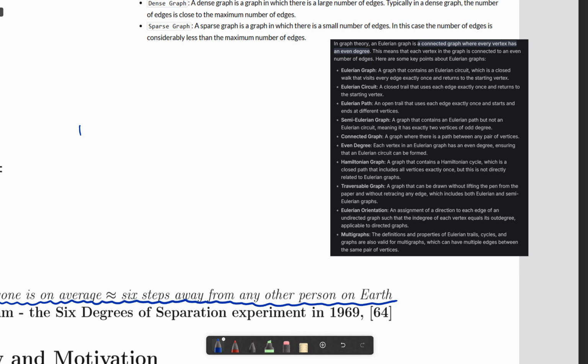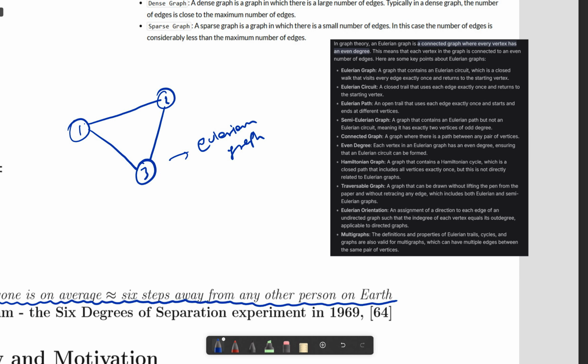Let me explain. So consider these three. If we connect these, this has two edges, this has two edges, this has two edges. So this is an Eulerian graph.